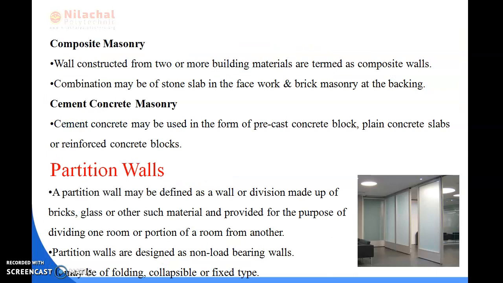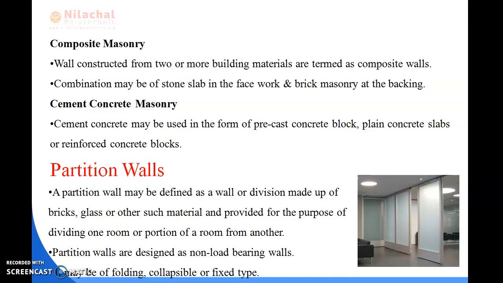So now we will be reading about composite masonry and cement concrete masonry. In composite masonry, a wall constructed from two or more building materials is termed a composite wall, and the combination may be of stone slab in the face work and brick masonry at the backing.